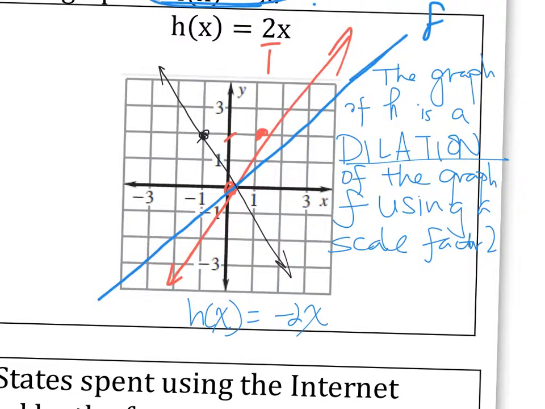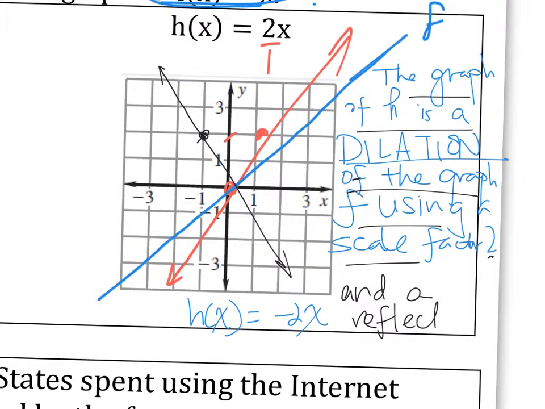And to describe this, we need to continue with what we've described here and write a reflection of graph f about the x-axis.